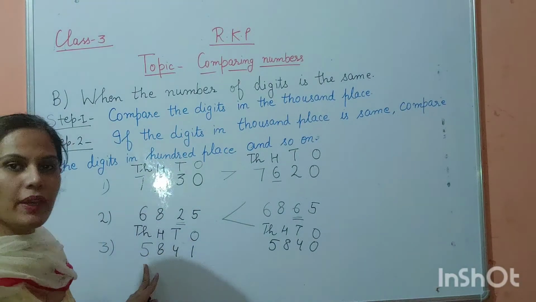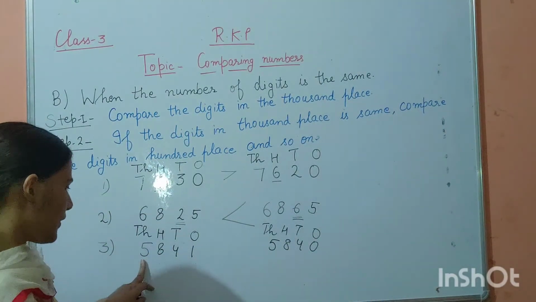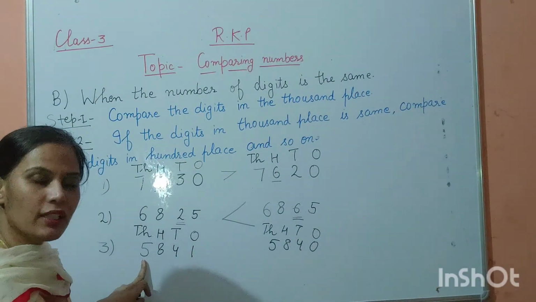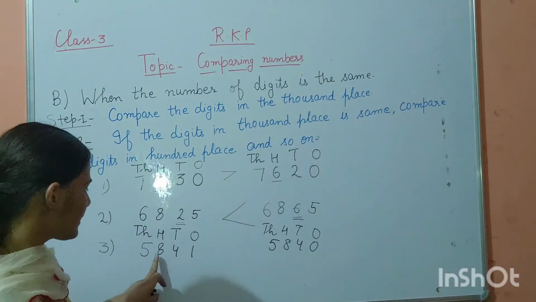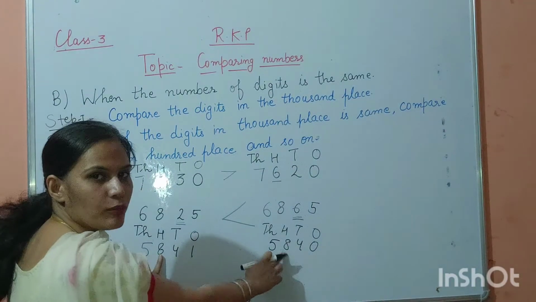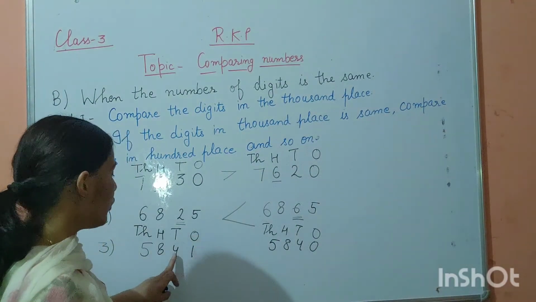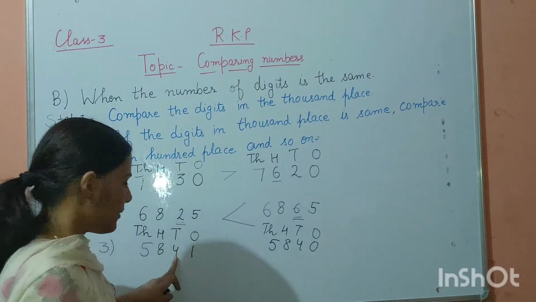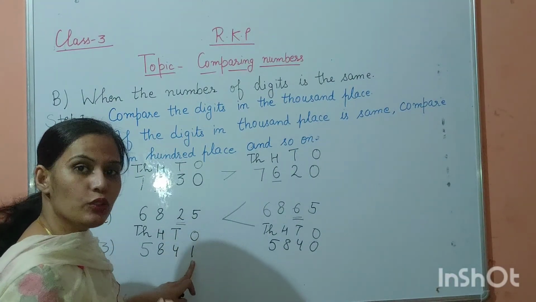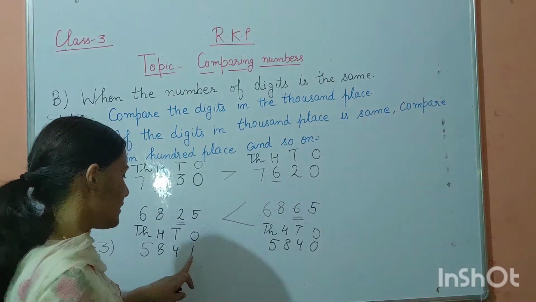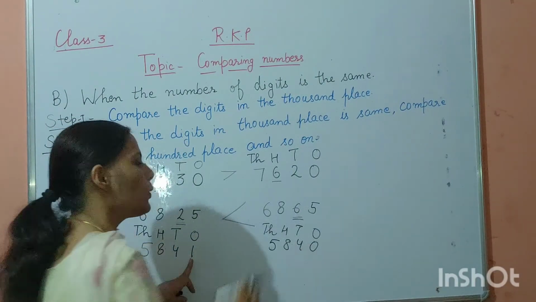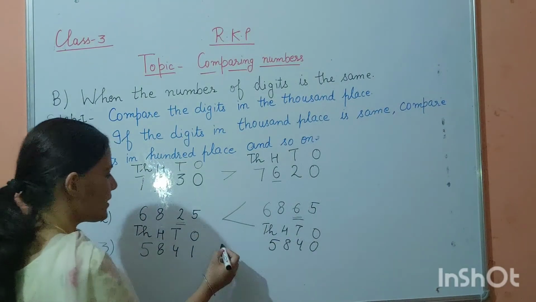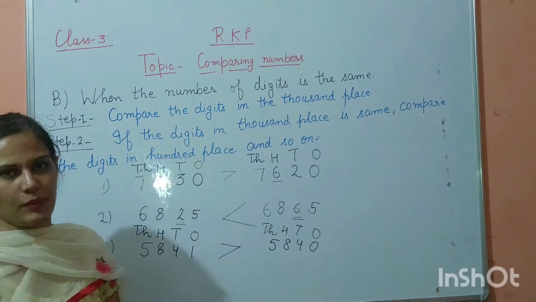First of all, compare from the thousand place. 5 and 5. Both are the same. Then go to the hundred place. 8 and 8. Both are the same. Now go to the tens place. 4, 4. They are also the same. Now you will go to the ones place. 1, 0. Means which is greater? 1 is greater. Then this will be the greater number.